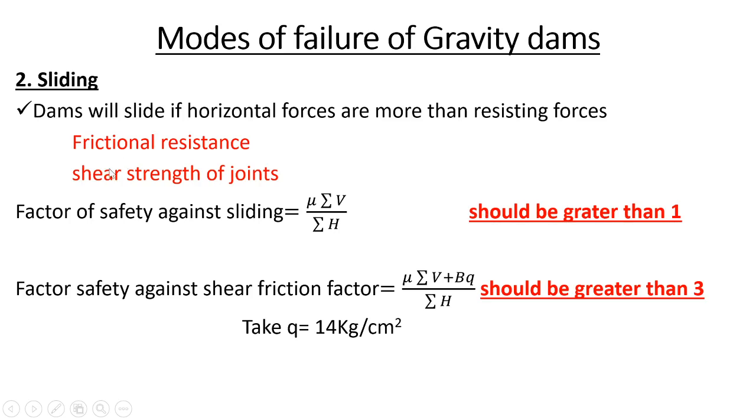If you consider the factor of safety against shear friction, that is shear strength of joints, the equation changes to this format. This equation was also used in the stability criteria, where we took Q value as 14 kilogram per centimeter, and this factor of safety against shear friction factor should be greater than 3. These are the modes of failure against sliding.